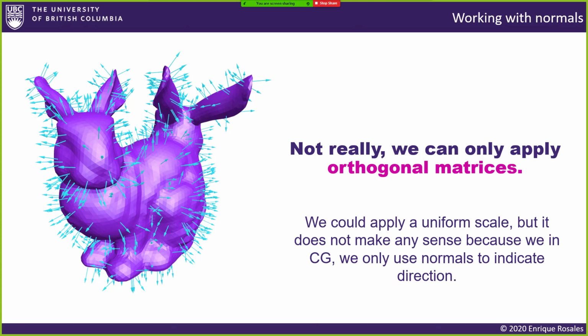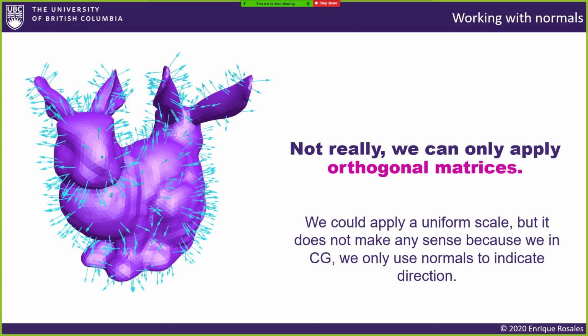If we want to compute angles, we use the dot product to compute the difference between two vectors, and we need them to be unitary. Otherwise, the result of the dot product will not make sense in terms of angle, right? So again, we could apply a uniform scale, but it just doesn't make any sense.